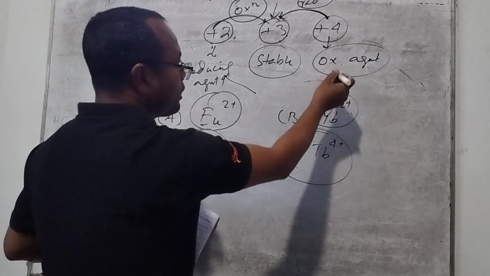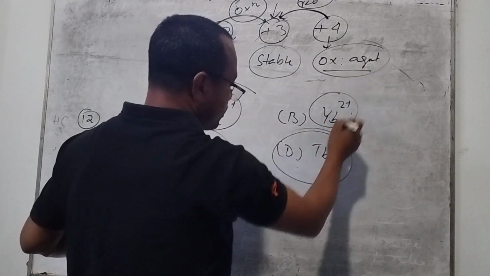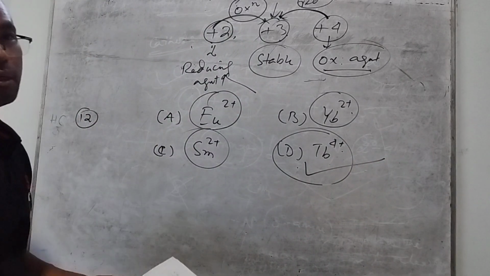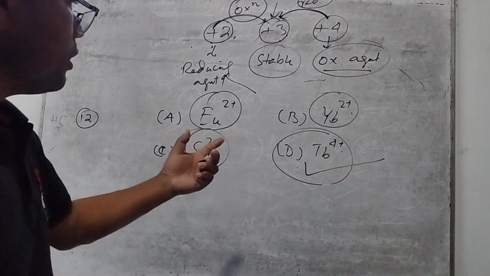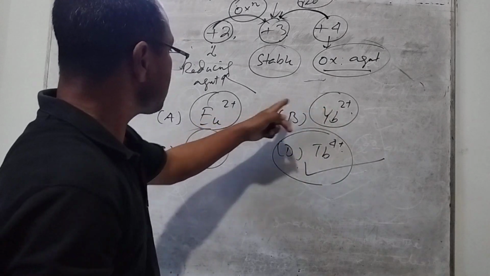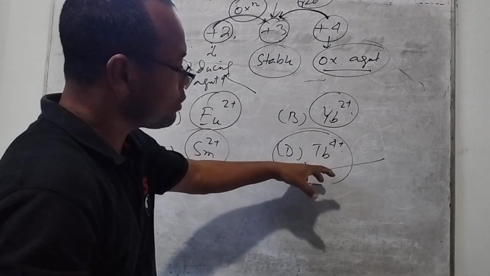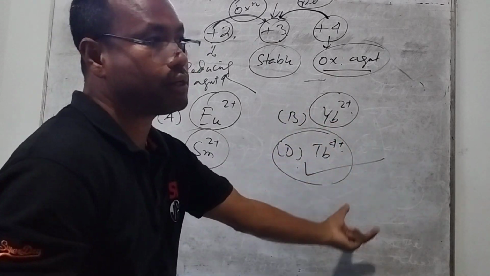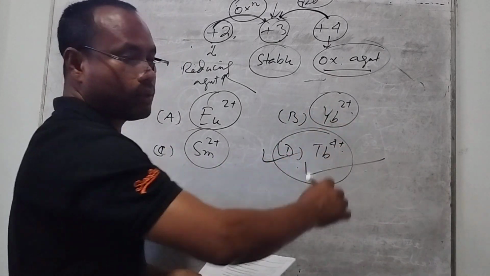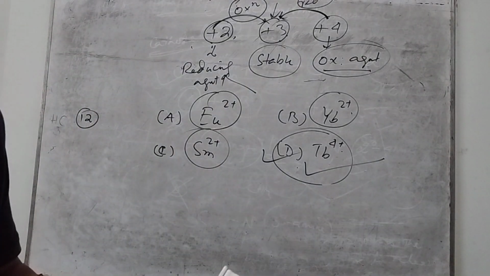Only the +4 can be reduced, that means oxidizing agent. Therefore the correct answer is D. So easy. These three are +2, +2, +2, so +4 is the only odd one, and it can be found very easily. So D is the answer.